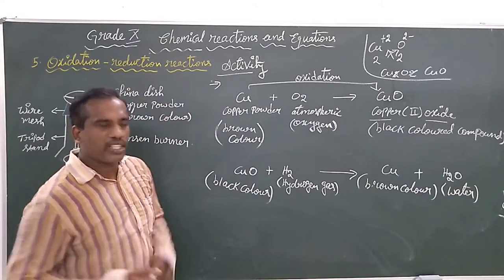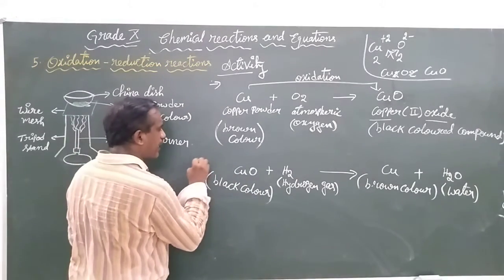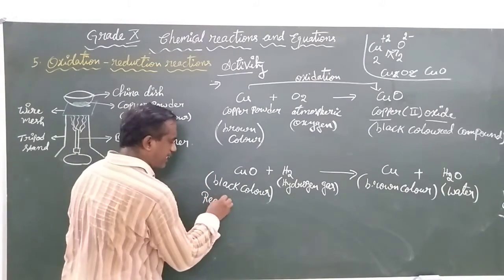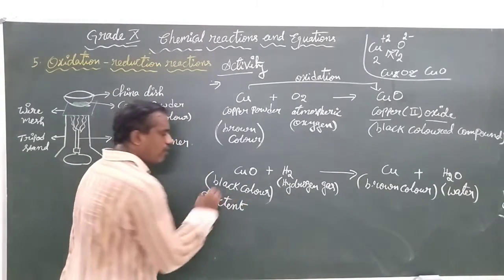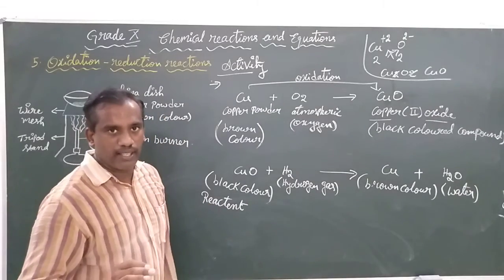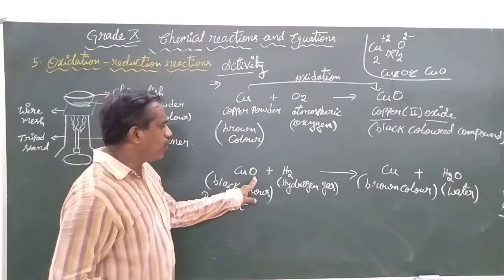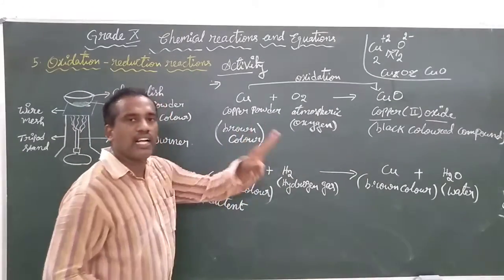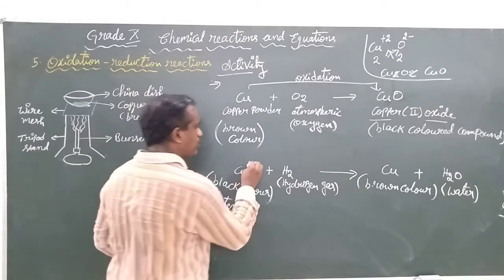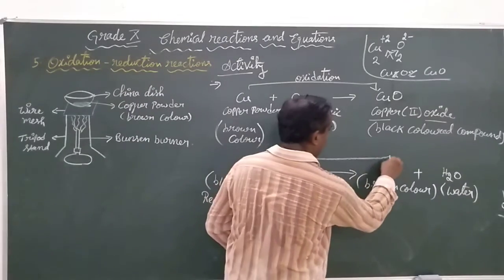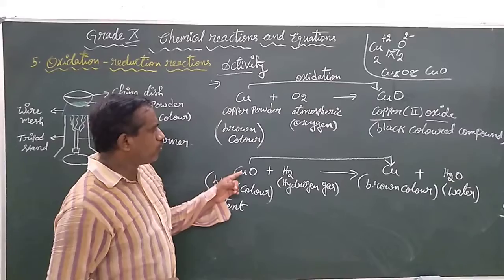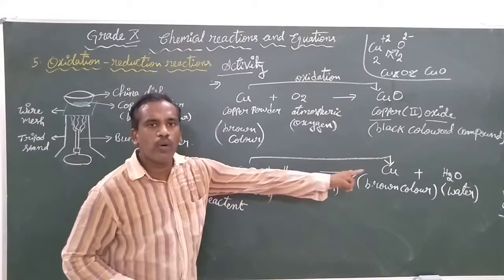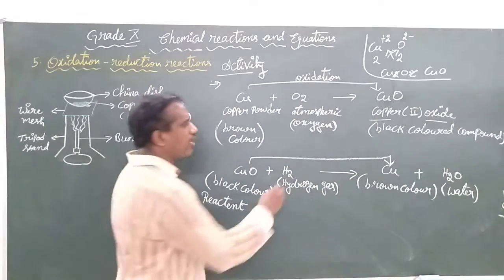In this reaction, this black colored compound is our reactant. From the reactant, when you observe, hydrogen is taking out the oxygen. Can you say what removal of oxygen is called?